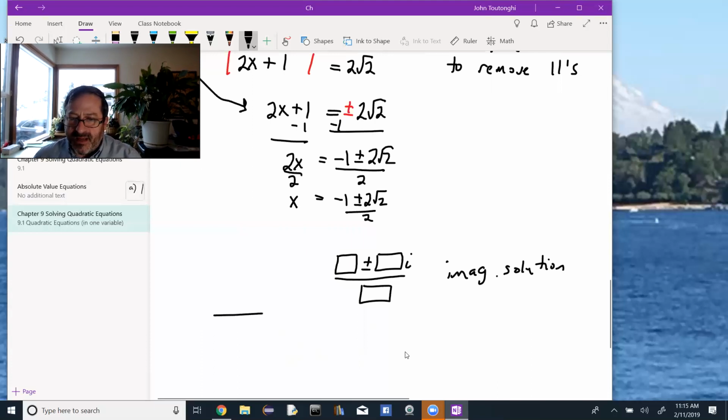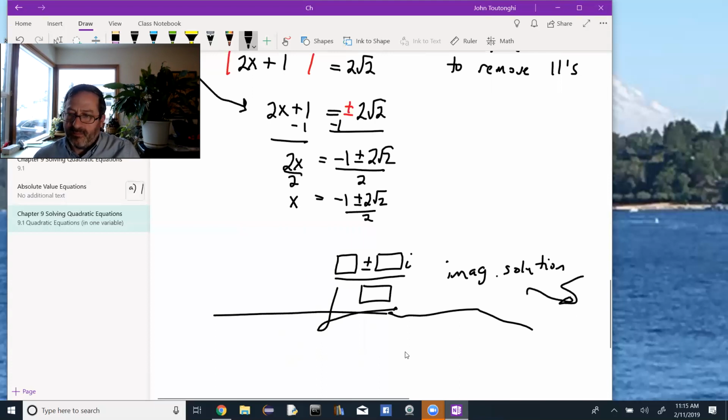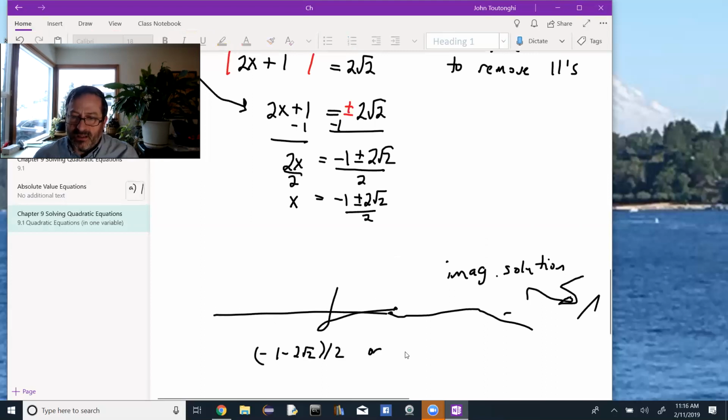When it does not have an imaginary solution, it's not going to use the plus or minus notation. Sorry. It's going to be negative 1 plus 2 square root 2 in parentheses divided by 2. It's weird, it erased the box thing for the imaginary solution, but it didn't erase the scribble marks.